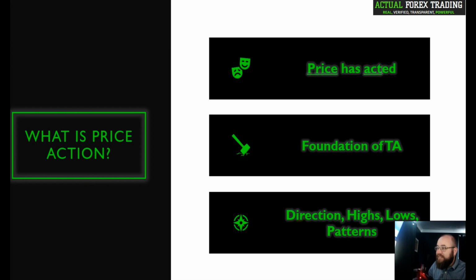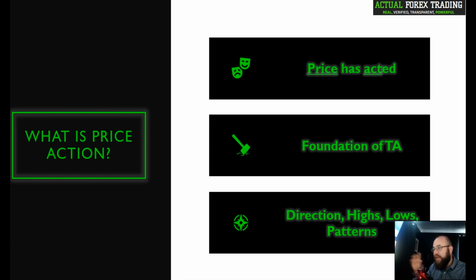But what really is it? I've tried to summarize that already, but what really is price action? It's the direction price is going, it's the highs price has made, the lows price has made, and the patterns that price has made. Or, to bring things into the present, the direction price is going at the moment, the highs that it's forming, the lows that it's forming, and the patterns that it's currently forming.